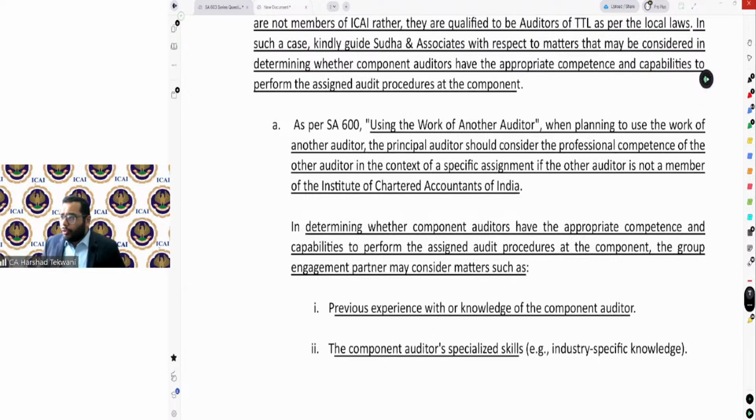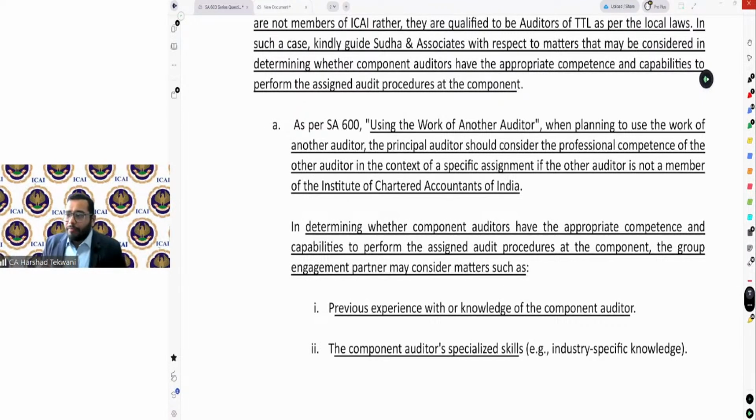The principal auditor would inform the other auditors how I am going to use and rely upon your work before the start of the engagement itself. For that, I may share a questionnaire, checklist, or some other document with the component auditor and ask him to fill it out for me.